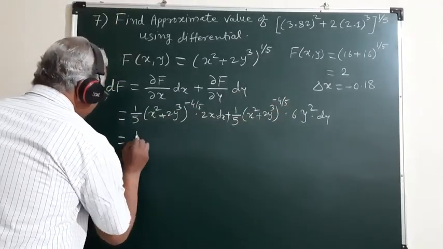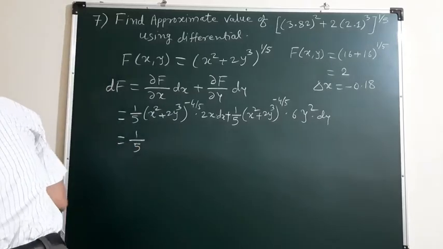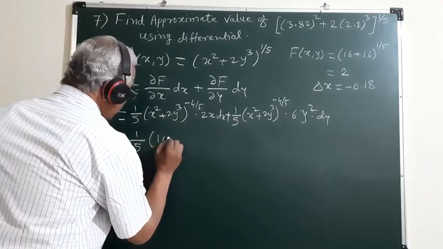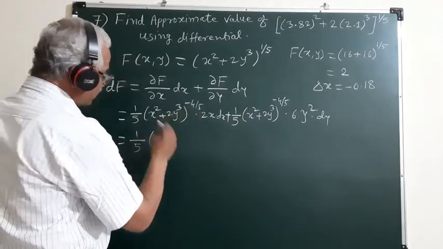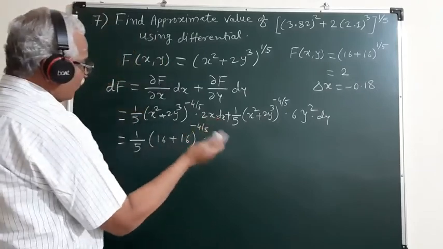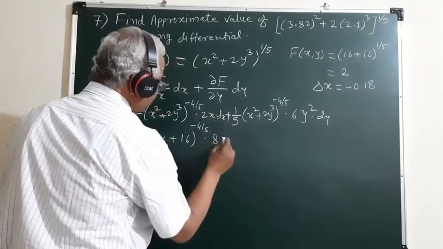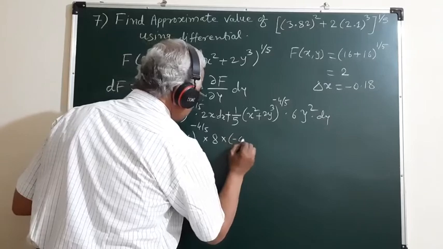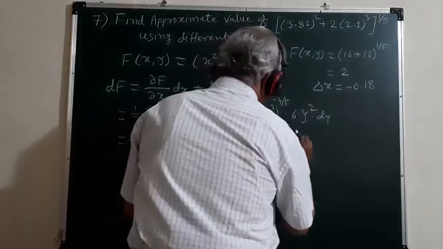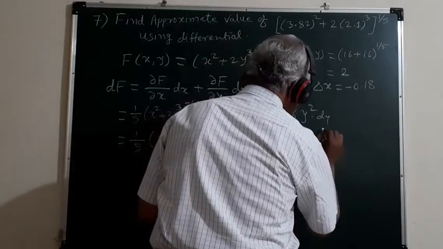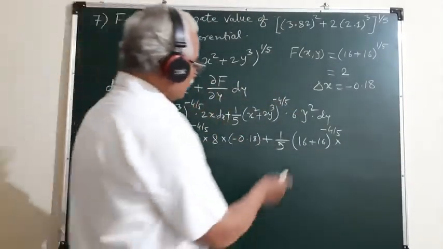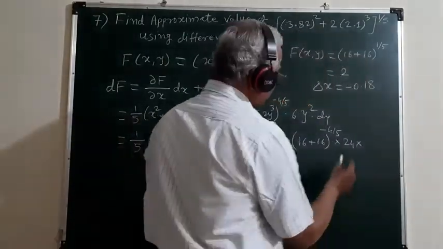In this expression we get 1 by 5 into bracket x is 4, so x square is 16 plus y is 2, so 2 cube is 8 into 2 is once again 16 raised to minus 4 by 5 into x is 4, so 4 into 2 is 8 multiplied by dx is minus 0.18 plus 1 by 5 into bracket 16 plus 16 raised to minus 4 by 5 into y is 2, its square will be 4, 4 into 6 is 24 multiplied by dy is 0.1.